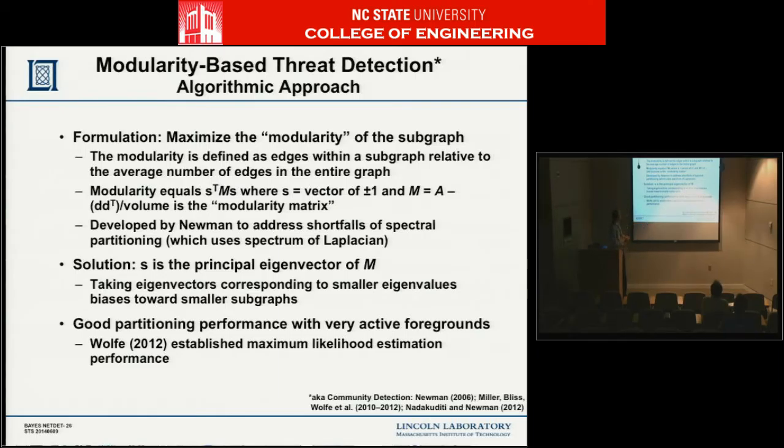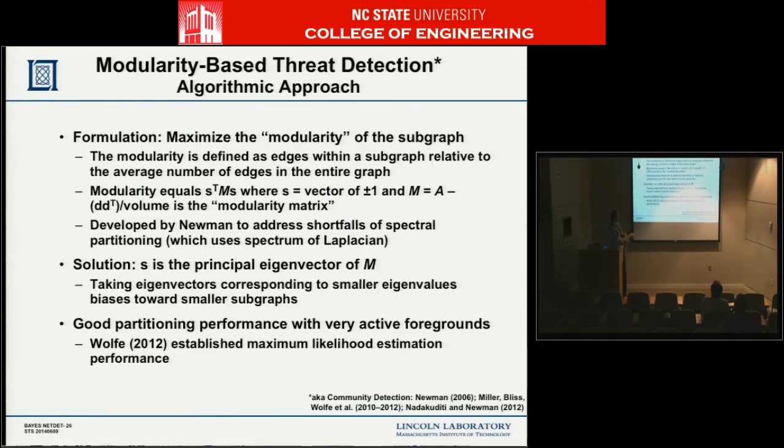And so what Newman did is he developed a way of maximizing what he called the modularity of a particular network. The way to think about this is he's trying to find a network which has the most activity within the subgraph relative to the background.